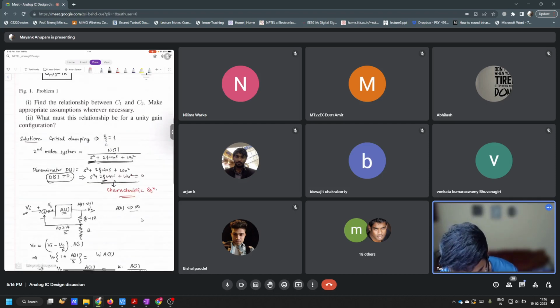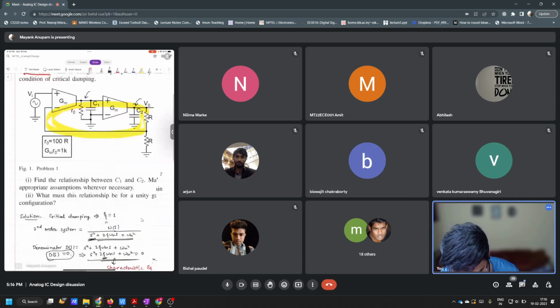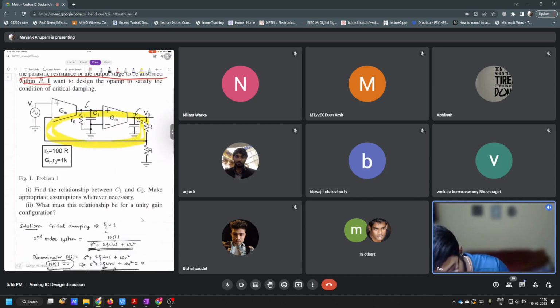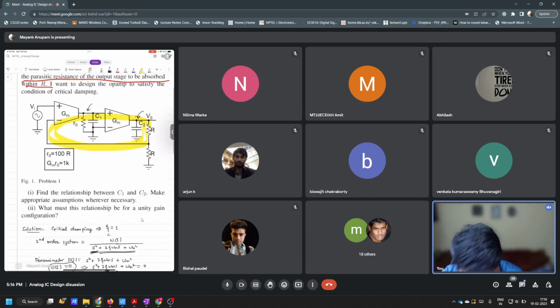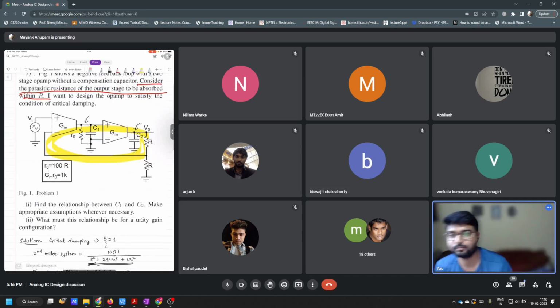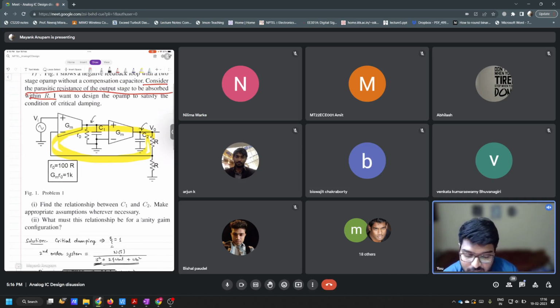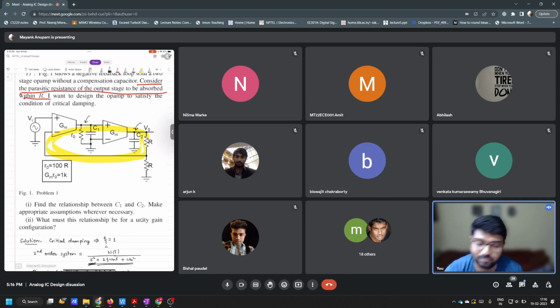Okay, fine. So let's find out what is the loop gain here. How do we find out what is the loop gain here? What do we do? Please guys help me. This was covered in week 1. What is the loop gain here?